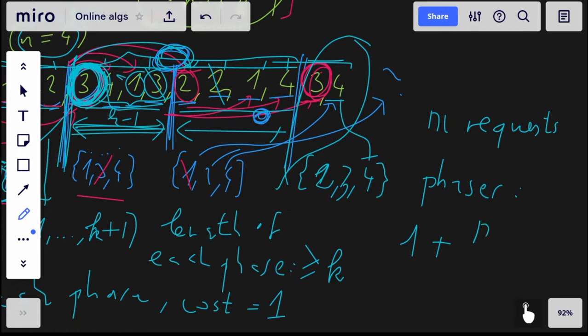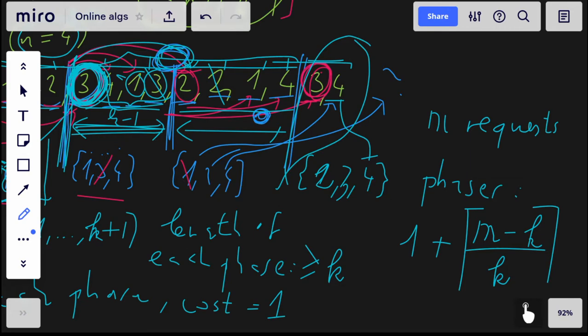We originally had m requests, so after the first phase we have at most m minus k remaining requests, and each of these phases, except maybe the last one, has a length of at least k. So I round it up, and that's the number of phases.